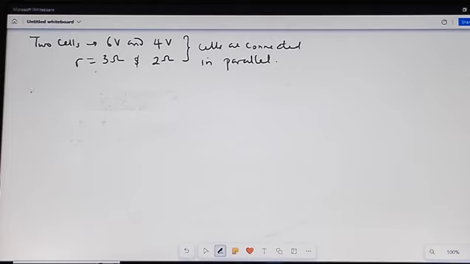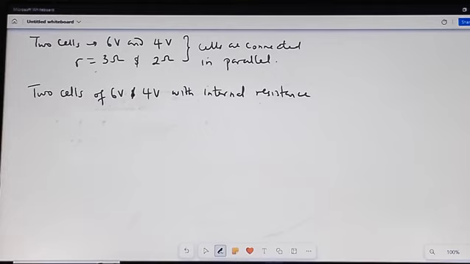Well, let me just write the question down so that you follow well. Two cells of 6 volts and 4 volts with internal resistance of 3 ohm and 2 ohm, respectively, are connected in parallel.